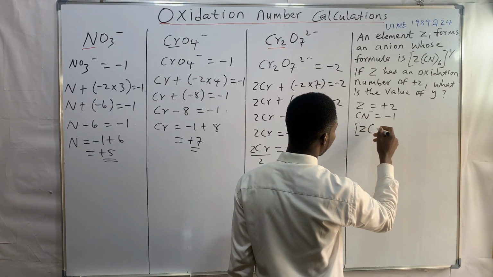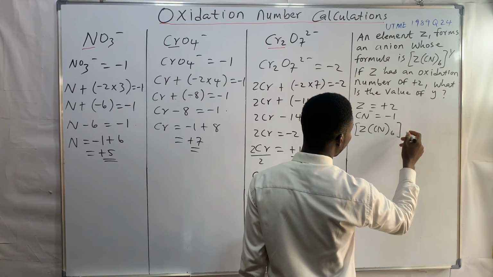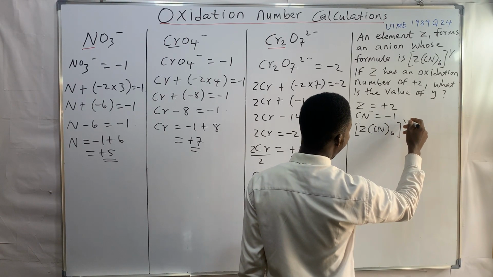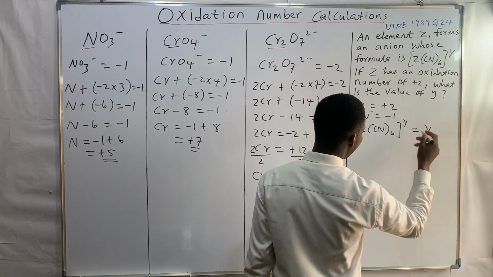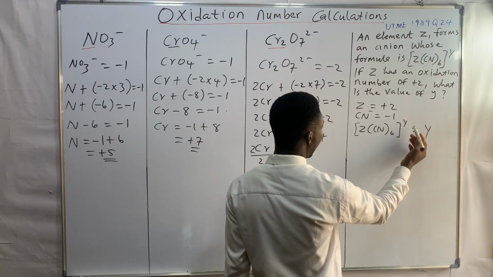Z, then Y equals Y, because whatever net charge we have here, we are going to equate.